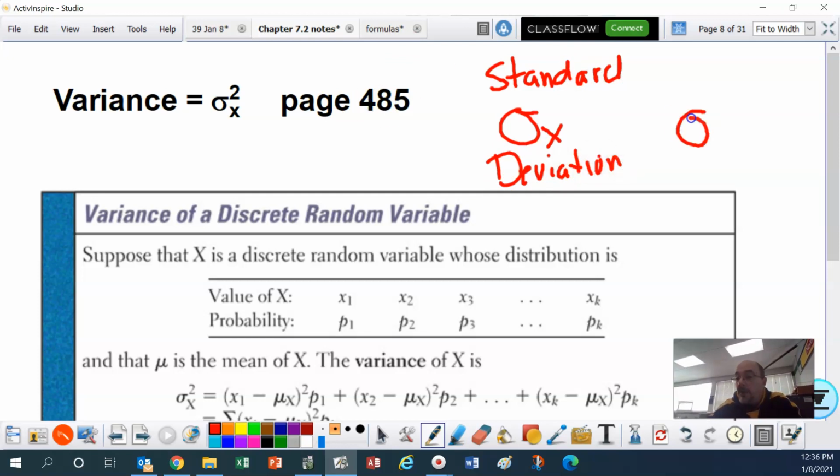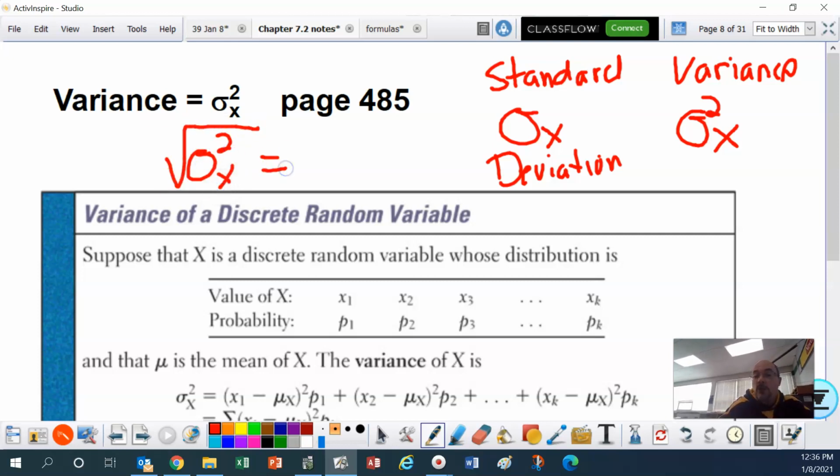The standard deviation squared is called the variance. So if you take the variance and the square root, you get the standard deviation. Okay, so please realize the variance is the square of the standard deviation.